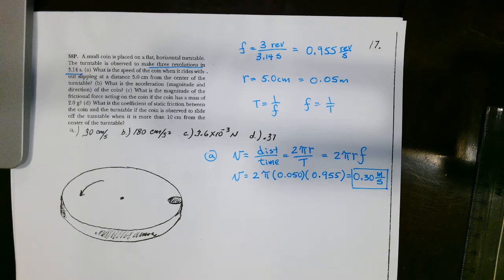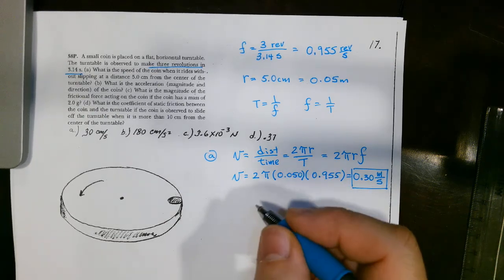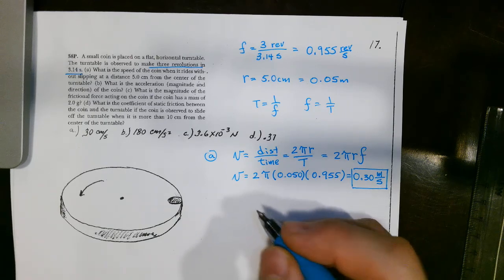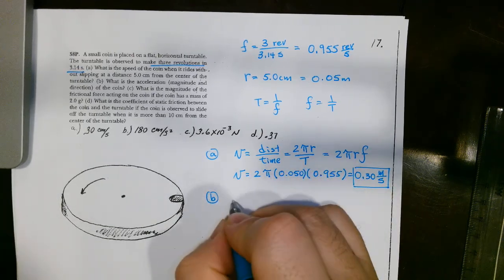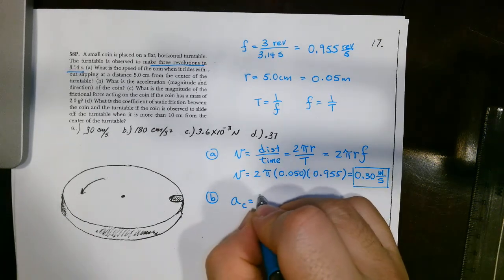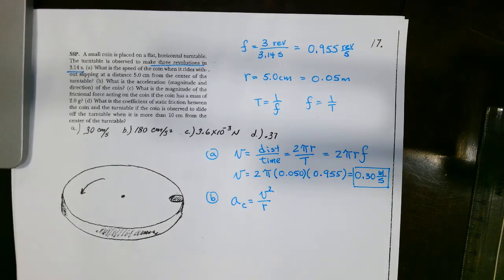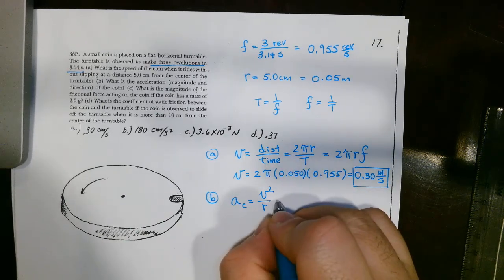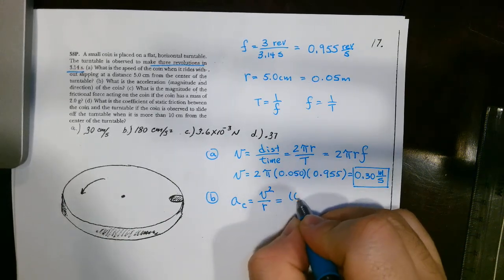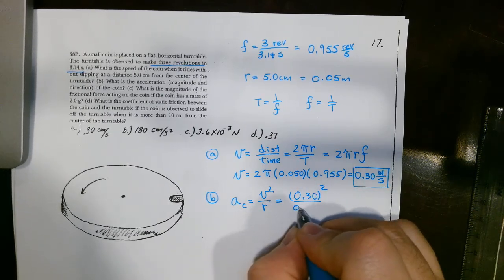Then it asks, what is the acceleration, the magnitude and direction? So for part B, acceleration is just a_c, really. And a_c is equal to v squared divided by r. Therefore, v, which is 0.3, squared, divided by the radius, which is 0.05.